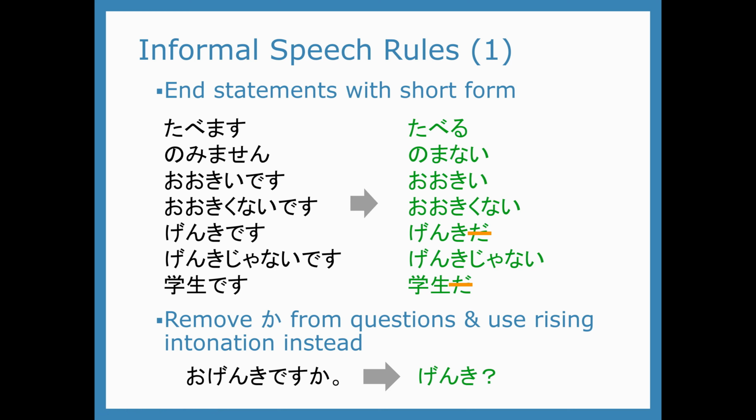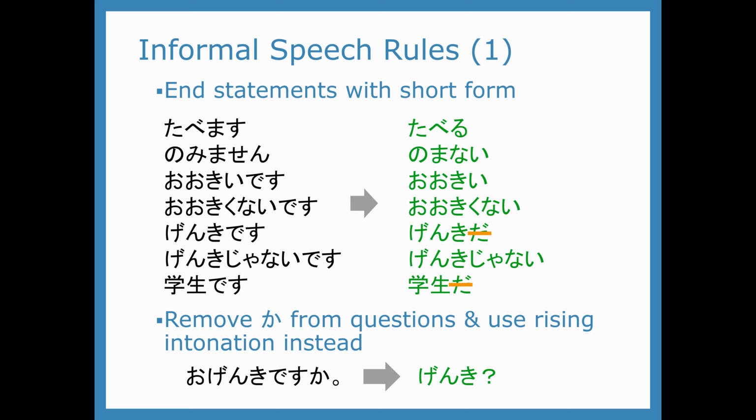Genki? So your intonation goes up because you're asking a question. We ask questions the same way in English, right? We have that rising intonation. How are you? In the same way in Japanese, genki, we ask with a rising intonation. One thing you have to remember is not to drop this rising intonation.